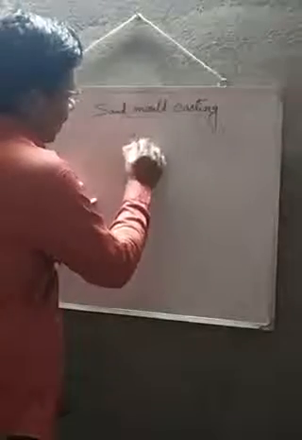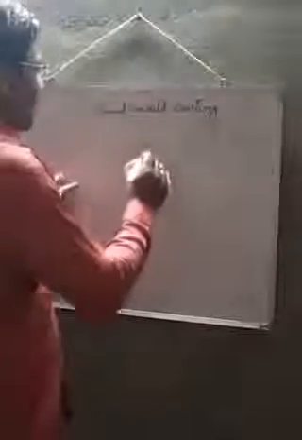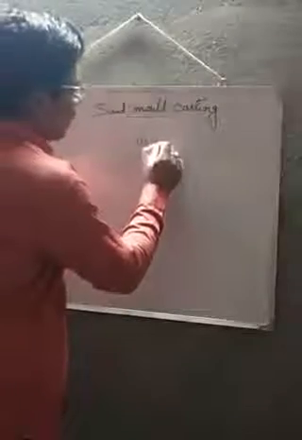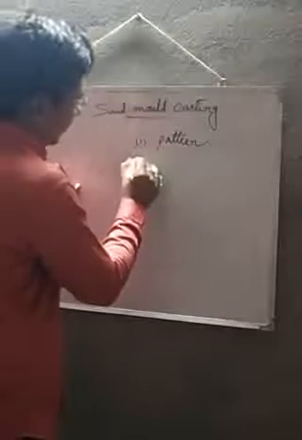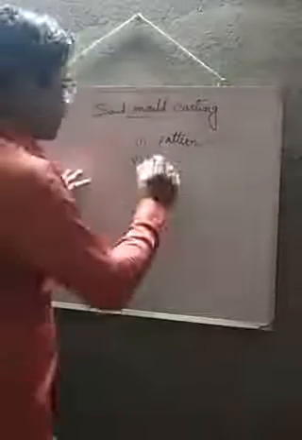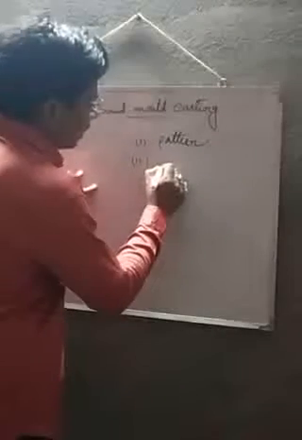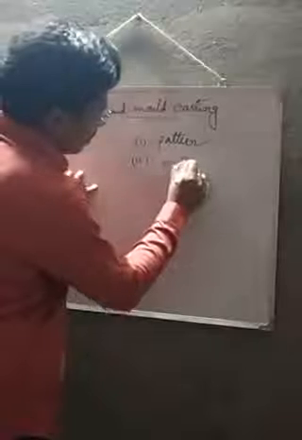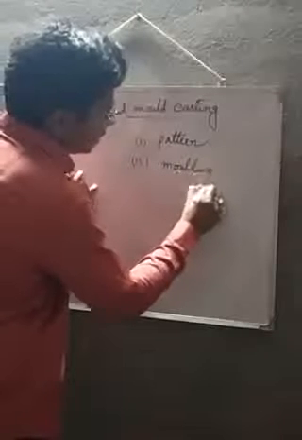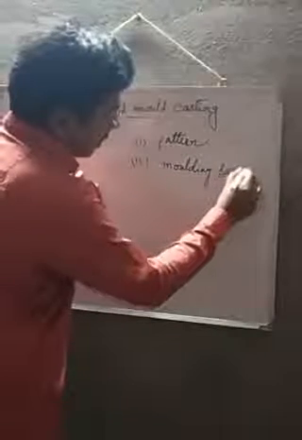So for getting the product by means of casting, the first step is to prepare the pattern. The second step is to make the molding sand and mold.